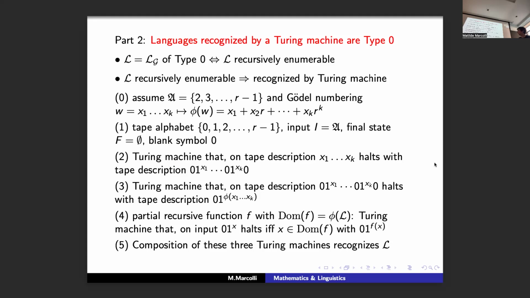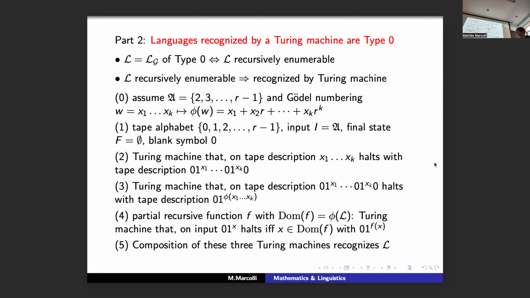And then, if you have a partial recursive function that has as domain the image, under the Gödel numbering, of your language, then you will have exactly that. The Turing machine would halt on the elements in the domain of this function, and it will halt with an output that encodes the value of the function.